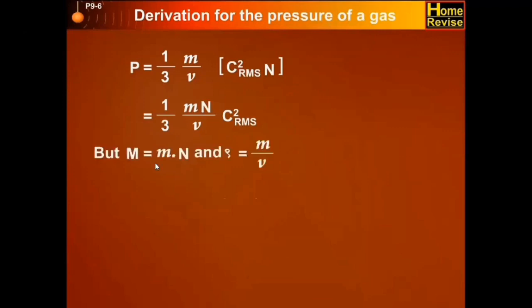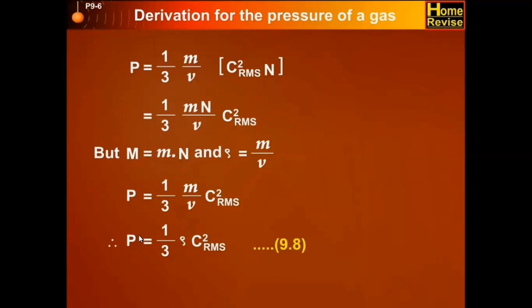And if we convert the volume to density, then rho is equal to m by V, and the main equation P is equal to 1 by 3 m by V into c squared, where m is the total mass, and we convert the equation to P is equal to 1 by 3 into rho into c squared.